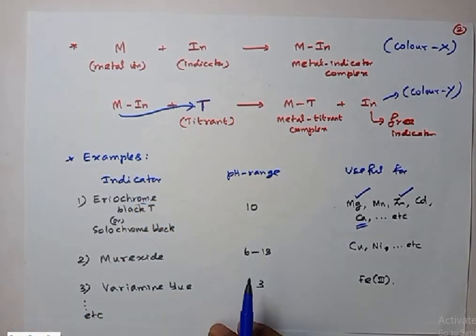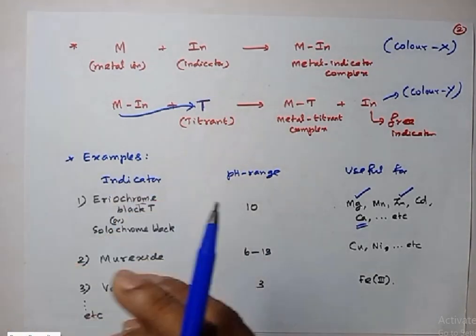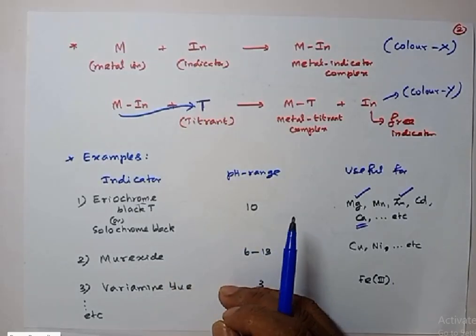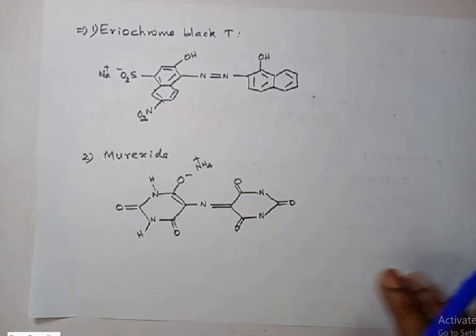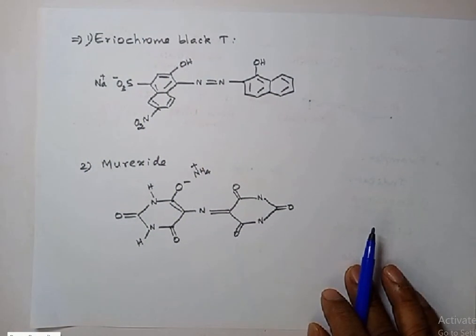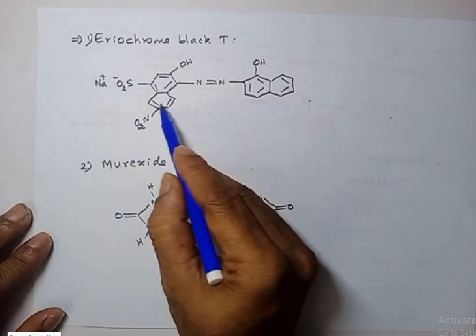Now, I'll give you the structure of these indicators, how they look. This is the structure of eriochrome black T and murexide. See, in eriochrome black T, we have two naphthalene units.